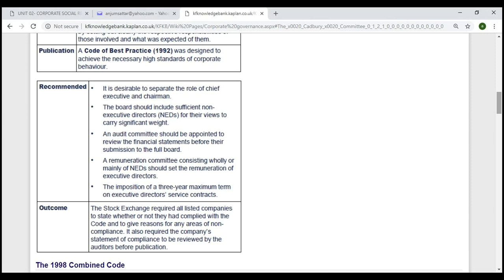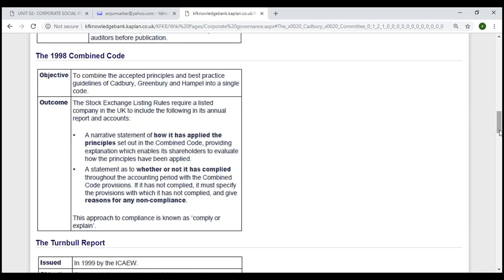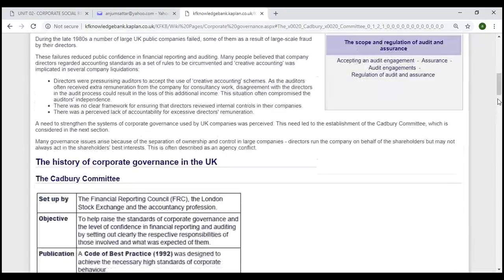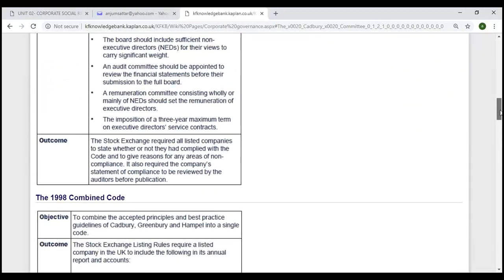Their views carried significant weight, and an audit committee should be appointed to review the financial statements before submission to the full board, and a remuneration committee to decide the remuneration of executive directors. Otherwise they can set whatever salary they want, but the non-executive committee is responsible for setting it for them.